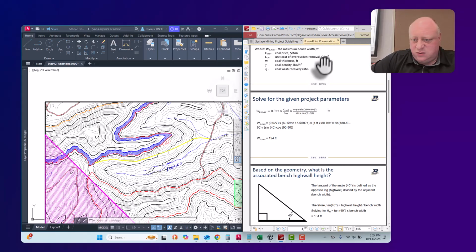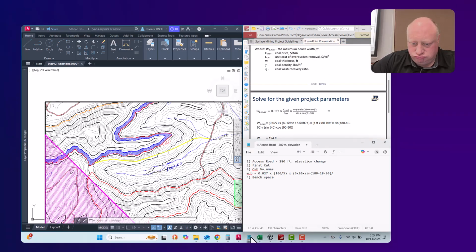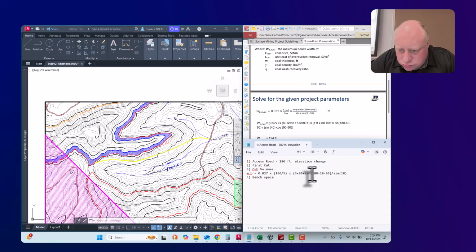Sine of 18 multiplied by the cosine of 0, and multiply by the cosine of 0.